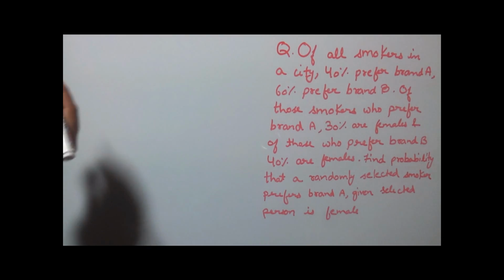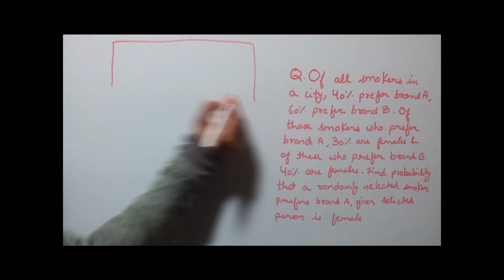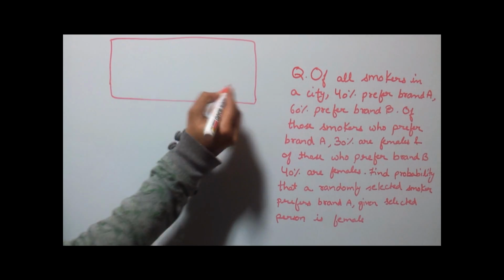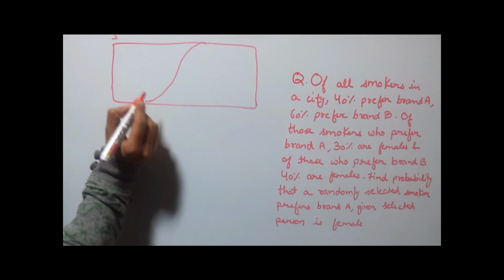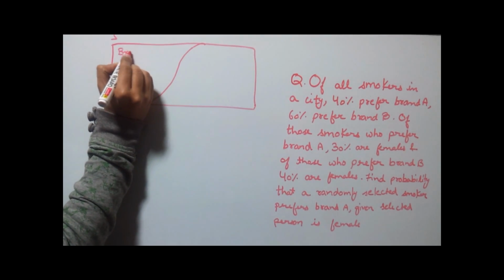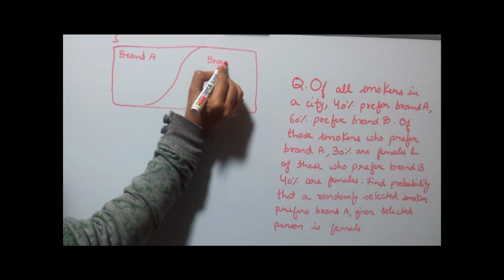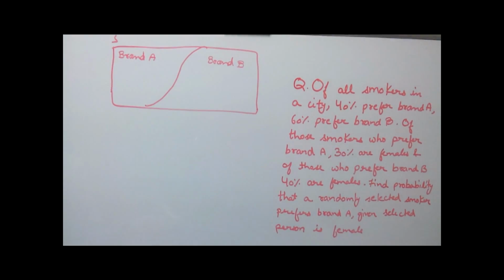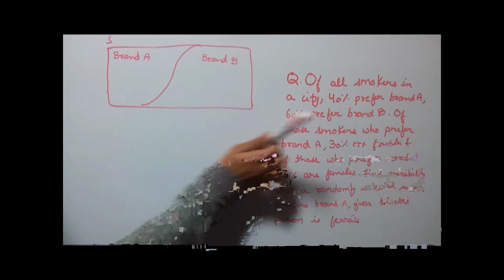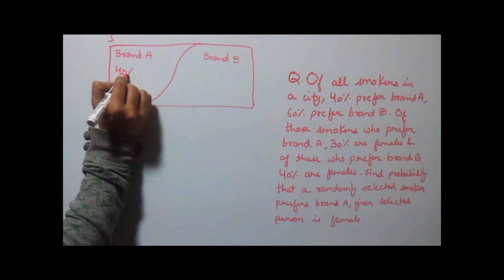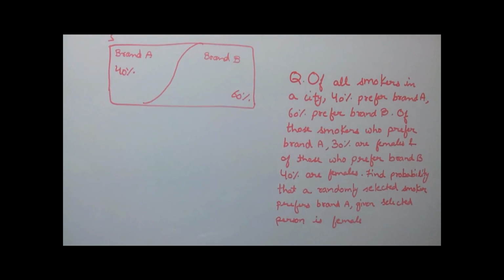Now, creating a diagram over here, this is our sample space S. We divide it into two parts, brand A and brand B. 40% of people prefer brand A, so this part is 40% and this part makes 60%.